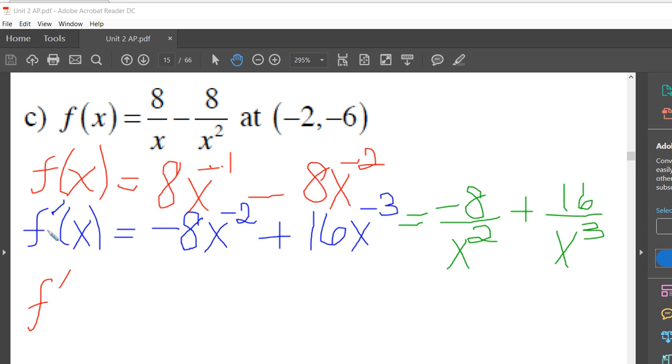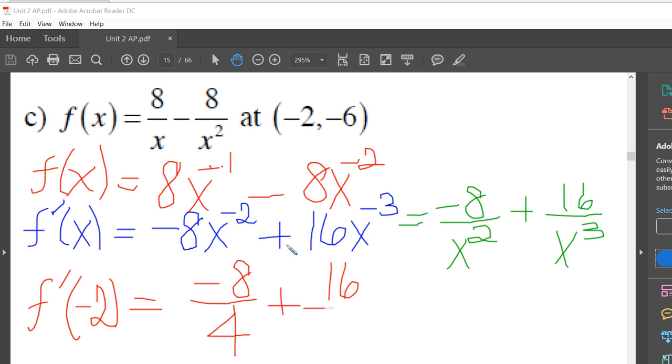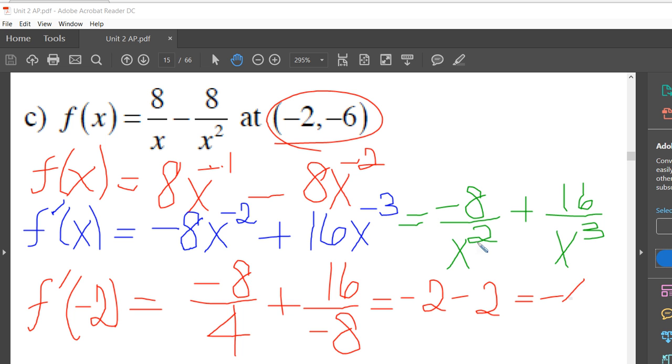So f prime of negative 2 would be negative 8 over positive 4, because that squared is positive, plus 16 over negative 8, because negative 2 cubed is negative 8, which gives us negative 2 minus 2. And our slope at the point (negative 2, negative 6) is negative 4.